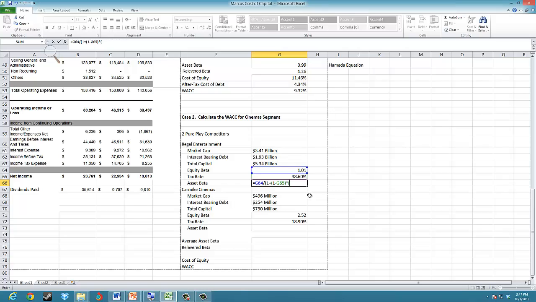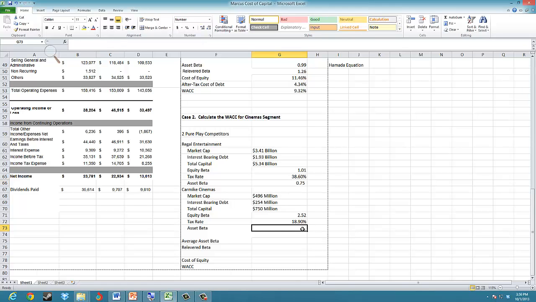In this case, we can take the total value of their debt, $1.93 billion, divided by the total market cap of $3.41 billion. And there's no reason to make it into billions. The ratio would still be the same. So the asset beta for Regal Entertainment would be 0.75.